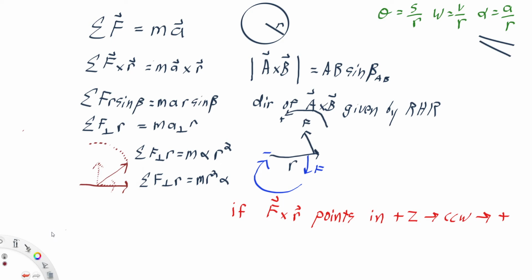Okay. Now that we're here, we're going to make some renaming. We are going to take this part on the left-hand side of the equation, this perpendicular part of the force times the radius. We're going to rename that torque.